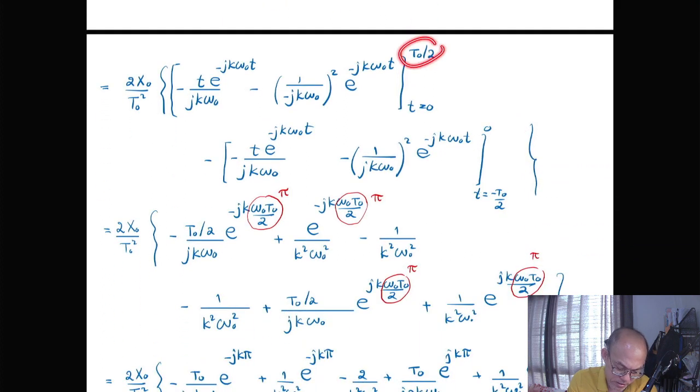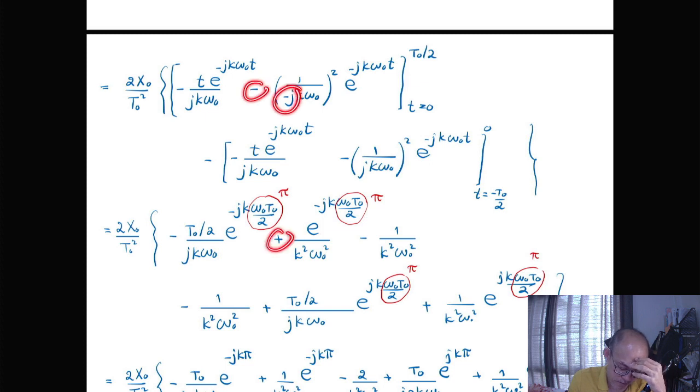Now I have to plug in all the boundaries. There are 4 boundaries. The first one is t0 over 2, so I plug in t0 over 2 here, and t as t0 over 2 here. Okay, so I have minus sign is here. All right, and then this one, plug in t0 over 2, but then j squared is minus 1 and negative goes together.